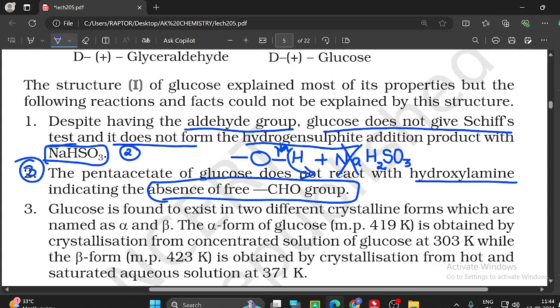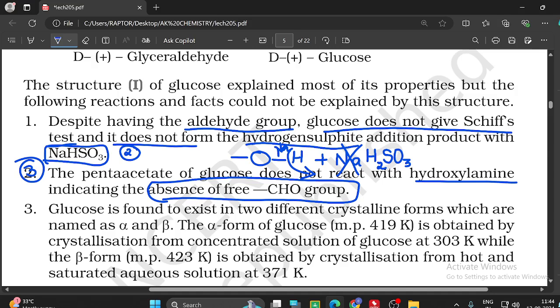And second point, it does not give hydrogen sulfide as an addition product with sodium hydrogen sulfide. And then the third one is, it does not react with NH2OH, hydroxylamine. That is the evidence we have to give to prove the absence of the C double bond O, right? So these are the points you must explain.